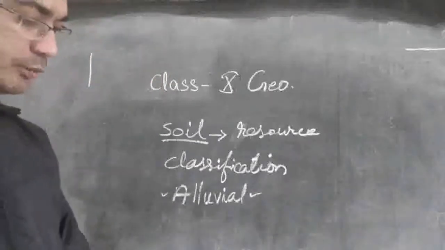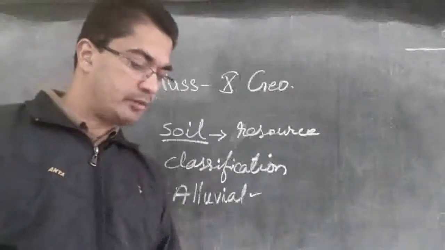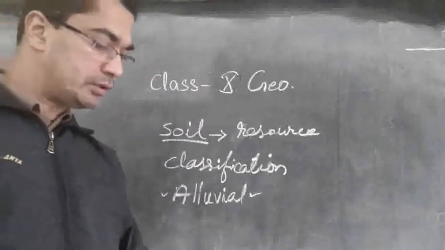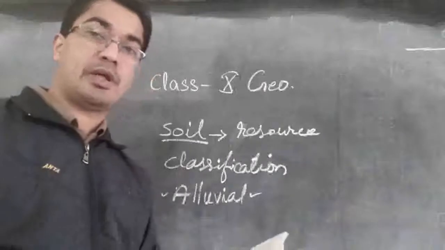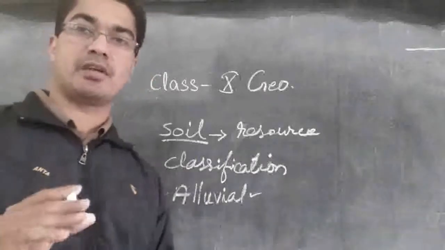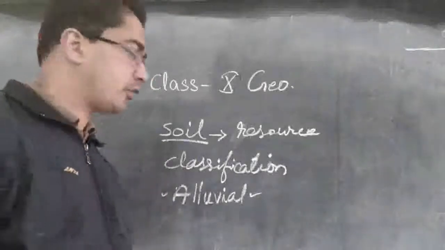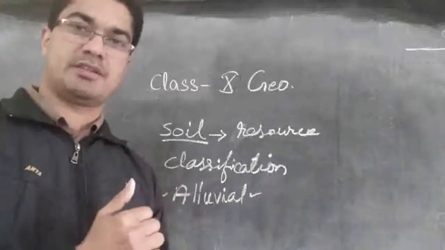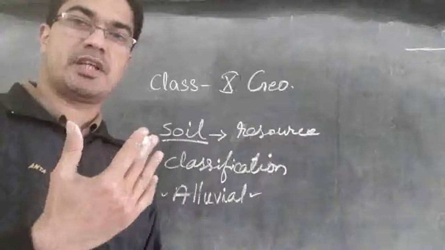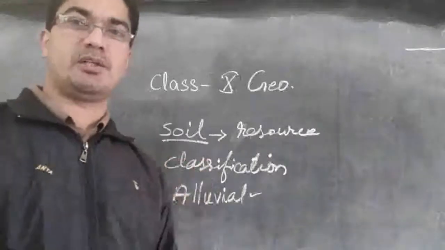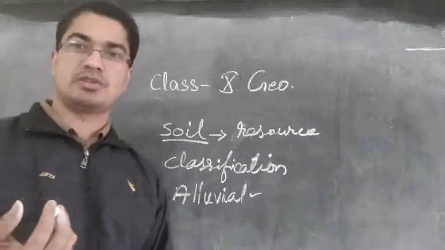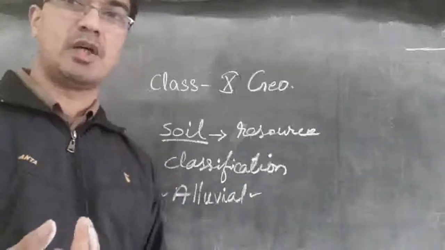These have been deposited by three important Himalayan river systems, namely the Indus, the Ganga and the Brahmaputra. Again, underline which are the three rivers bringing alluvial soil into the northern plains: the Indus, the Ganga and the Brahmaputra.